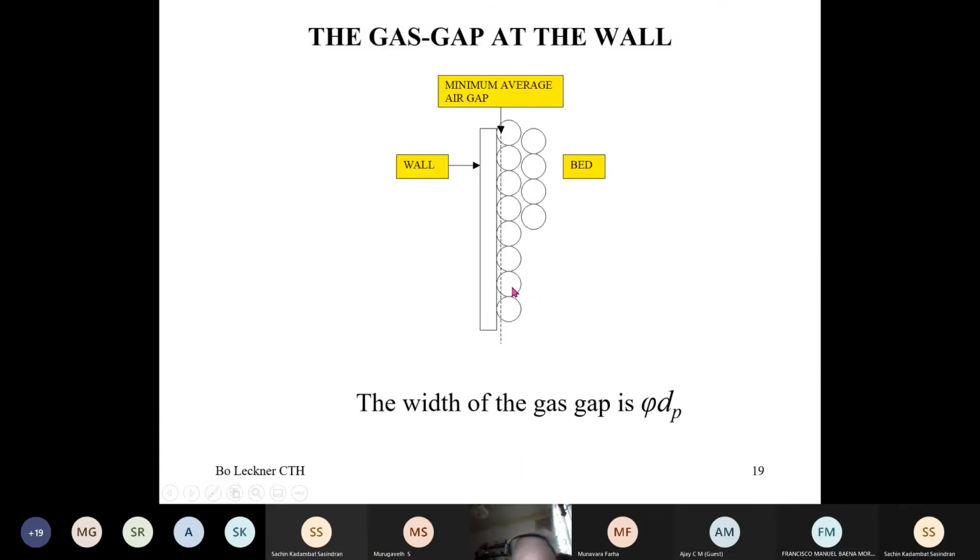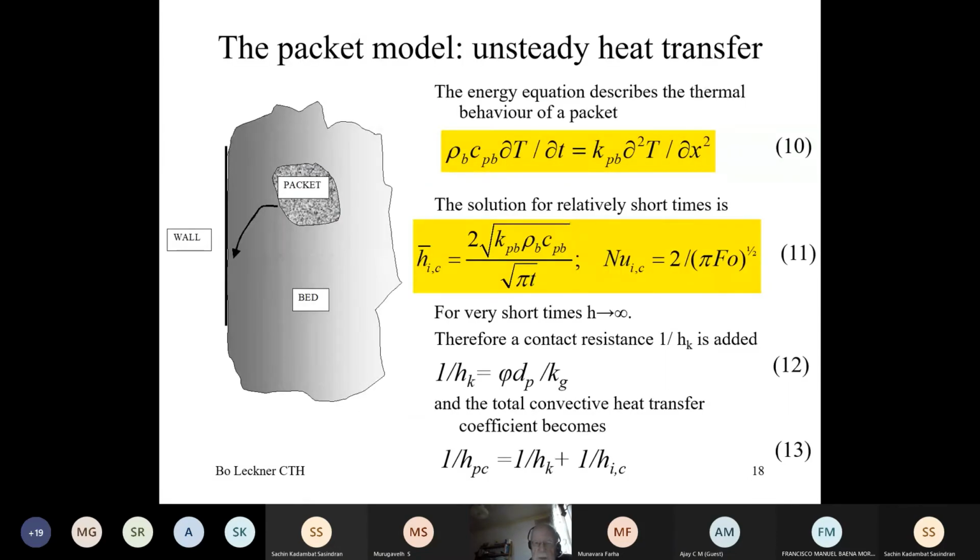But those of you who are mathematically gifted realize that when the time goes to zero, at very short residence times at the wall, the heat transfer becomes infinite. And that is not physically reasonable. So it cannot be true. Therefore, it is said that, well, the particles may touch the wall, but only in a singular point.